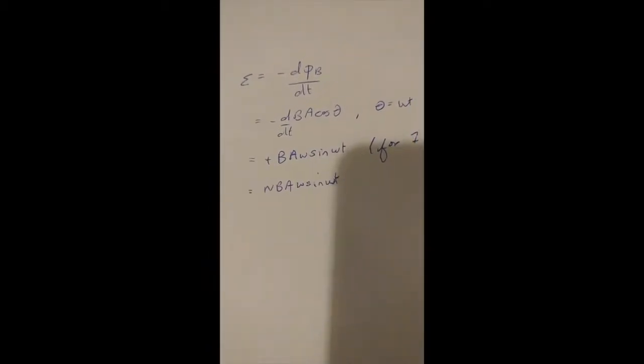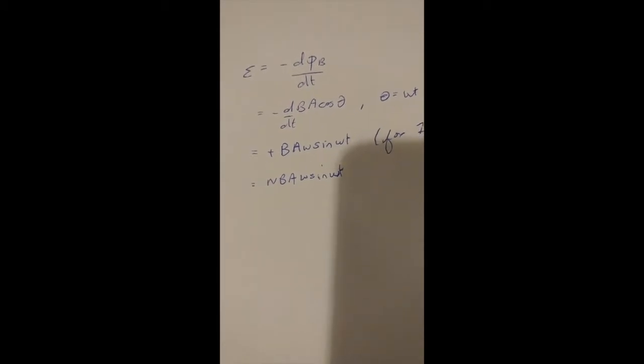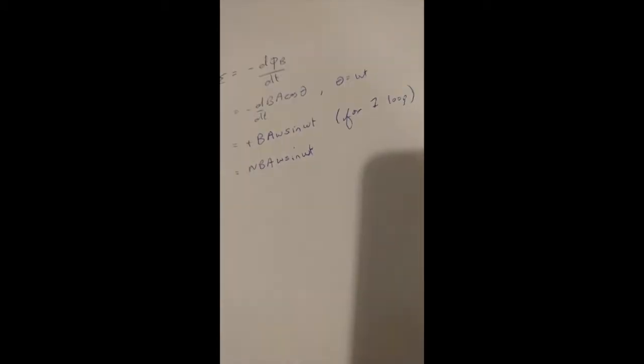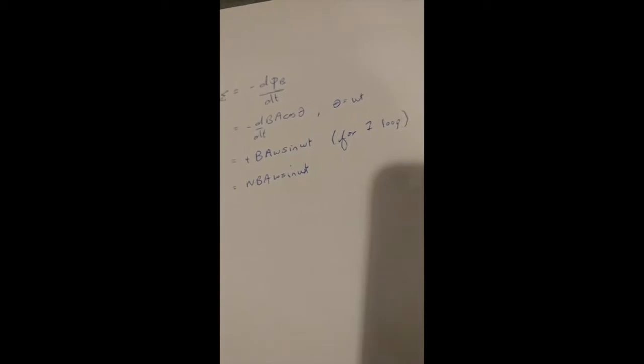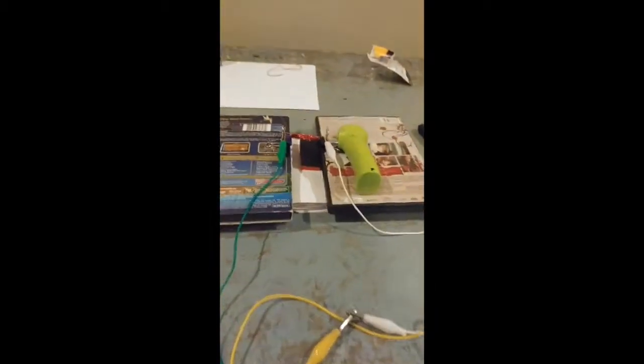We have a constant magnetic field in an ideal environment, assuming an ideal magnet. We have the area, and we have cosine's derivative, which becomes sine. So as this copper loop rotates, we experience a changing magnetic flux that will generate an electromotive force corresponding to this last equation, NBA omega sine omega t.